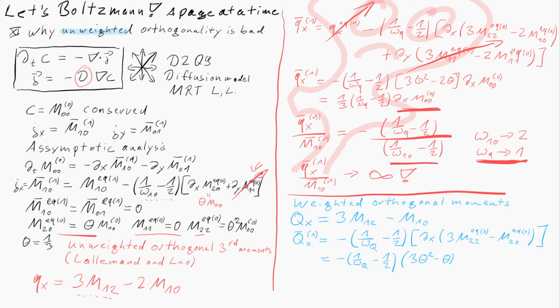Because theta is 1/3, you immediately see that this cancels out, so this guy will disappear, and actually to first order will be 0, which also means that the ratio that was so unfortunate for the unweighted orthogonal moments becomes much nicer for the weighted orthogonal moment.